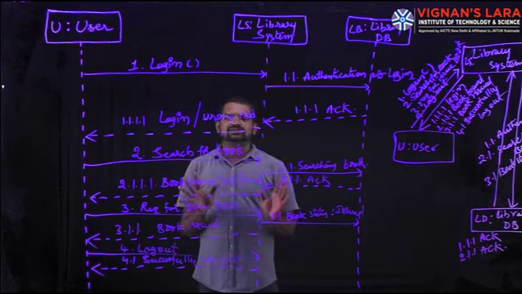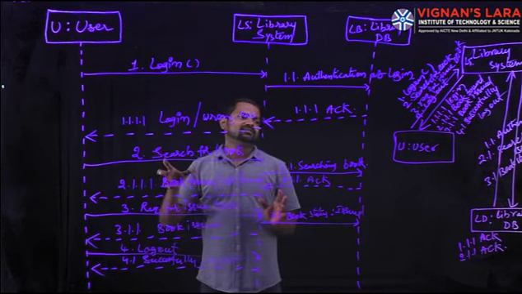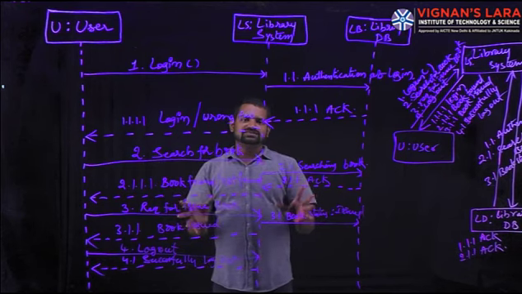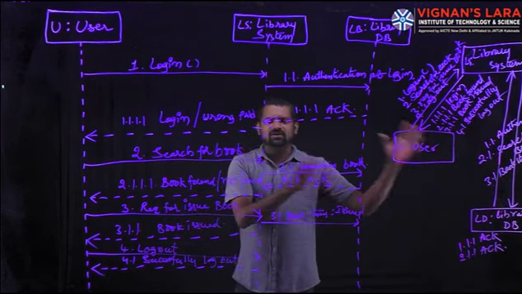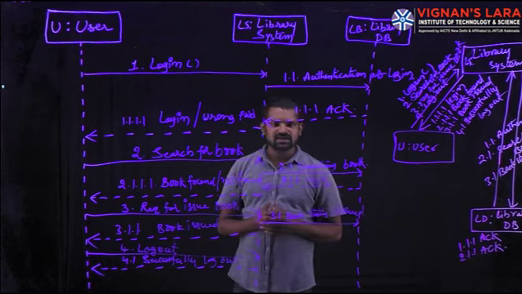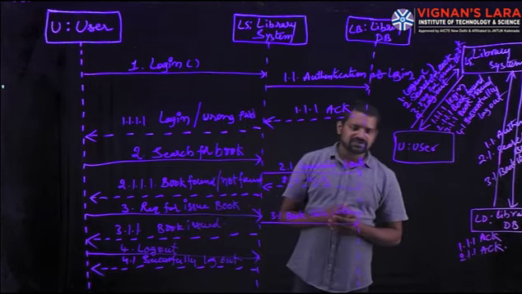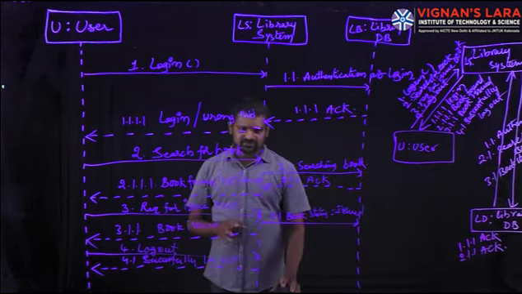In this class we studied the sequence diagram, and with its help we drew the collaboration diagram of the library management system. Okay, thank you. We will meet again with a new topic.